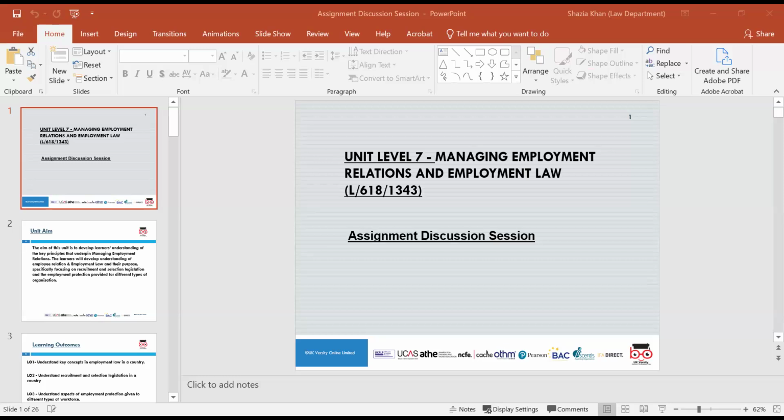We also looked at, in learning outcome 1, 1.1, which was to examine the aims and objectives of employment legislation. And that will come in your assignment discussion as well, so we'll look a little bit more at that.